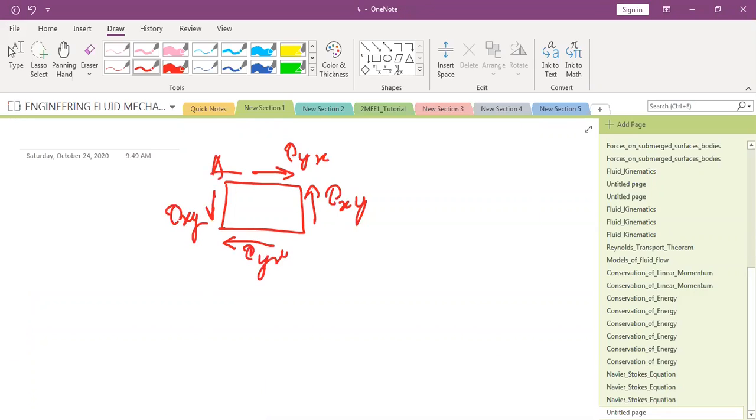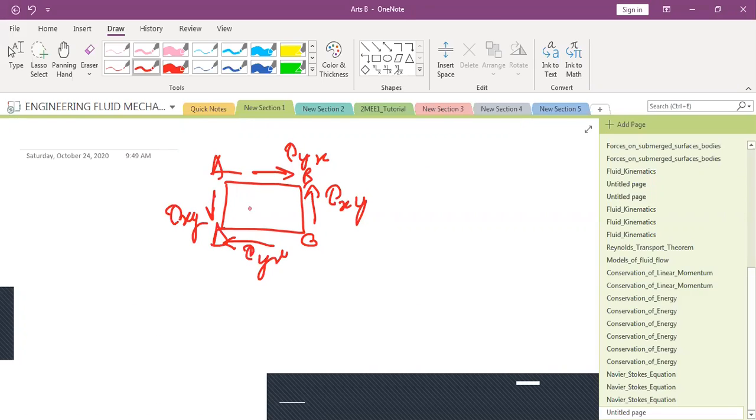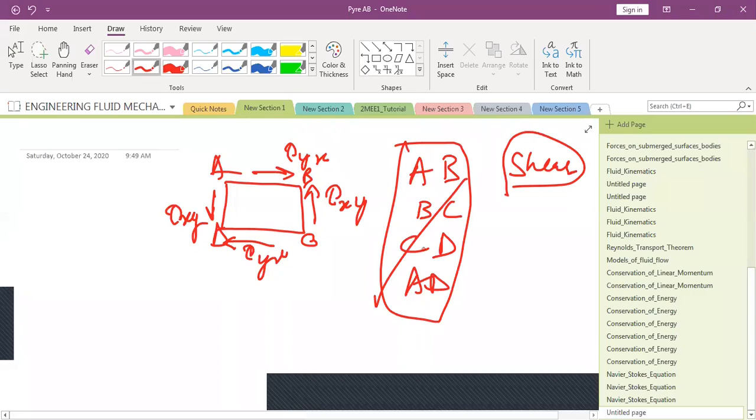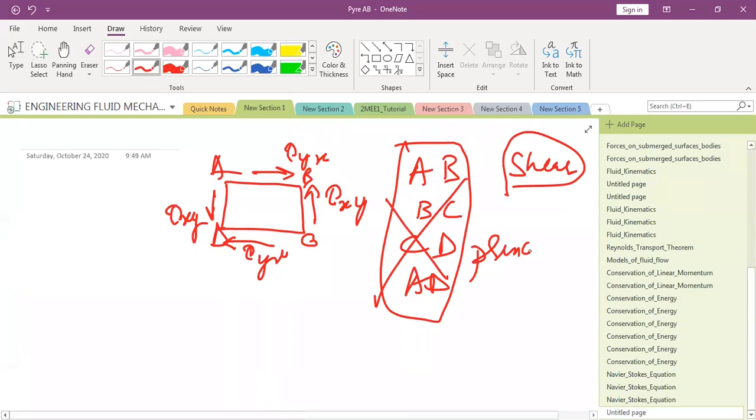If I mark them A, B, C, D. Now, do you have any principal planes here? Any plane which is having only normal stress but zero shear stress. You see that AB, BC, CD or AD, all of them have only shear stress. So these are not principal planes.